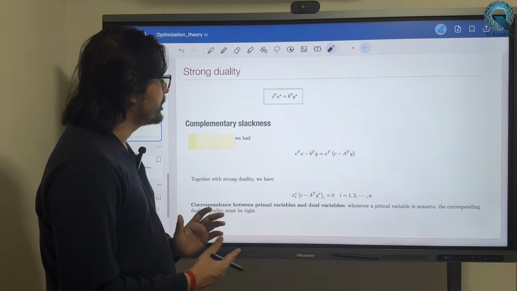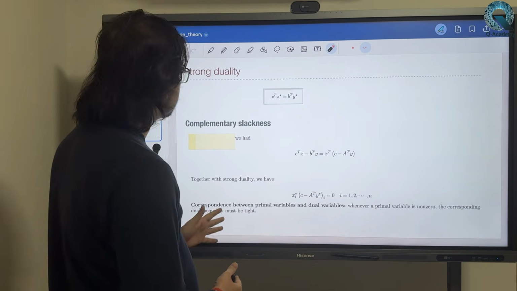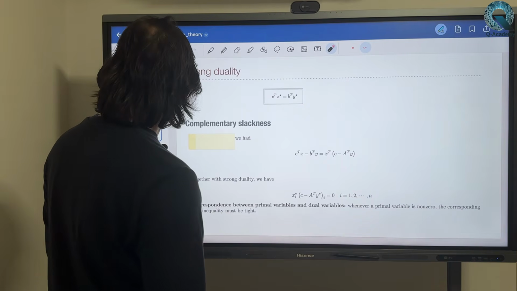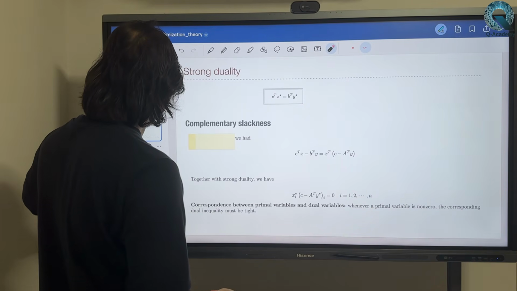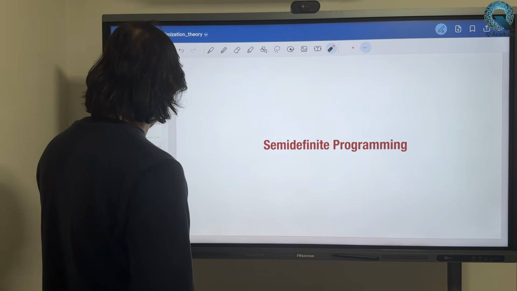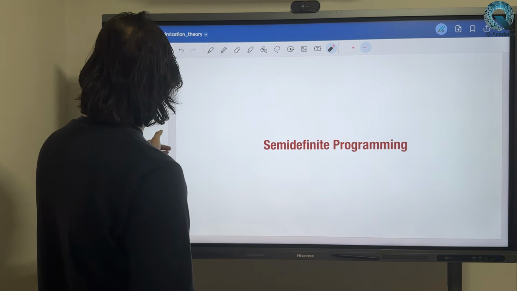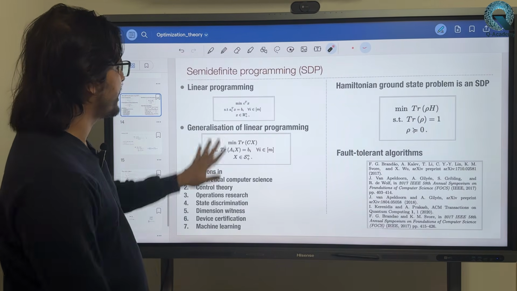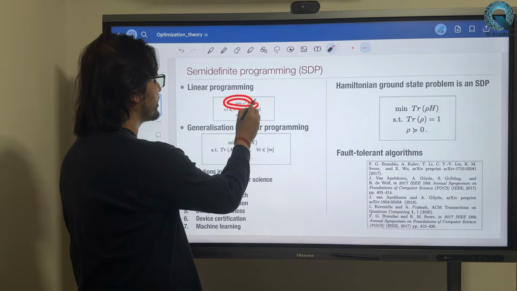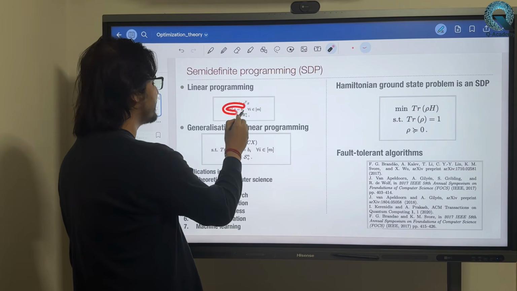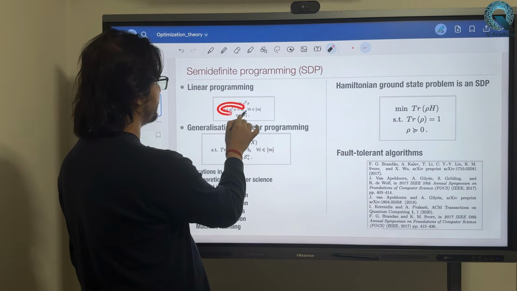So far we looked at many things, including weak duality and strong duality, and now we will very briefly look at something called semi-definite programming. Linear programming is given as: minimize c transpose x such that a_i transpose x equals b_i. I slightly changed the notation, but you get what I mean.